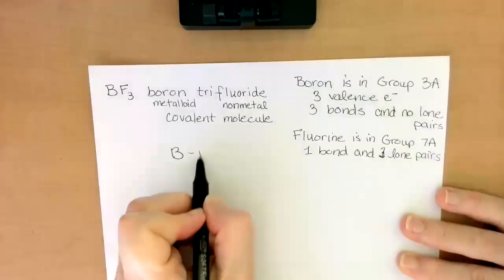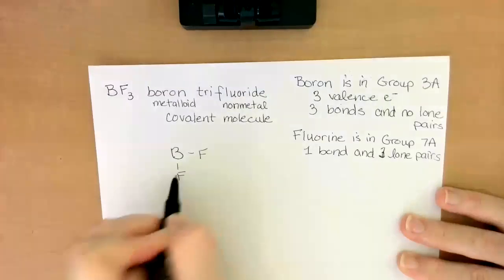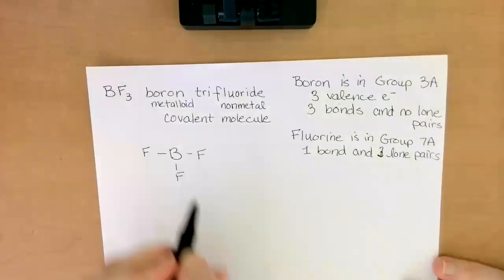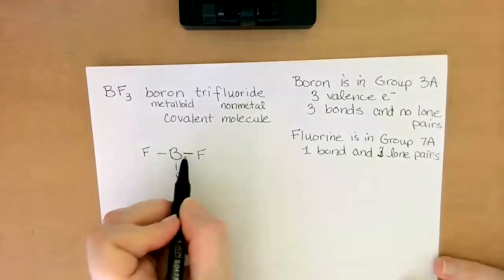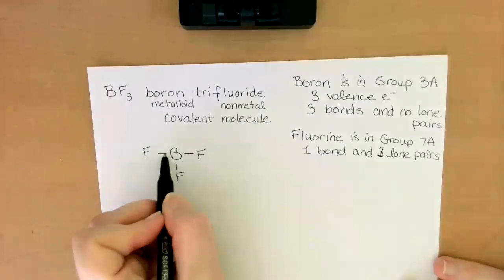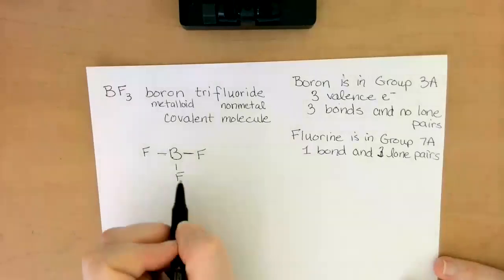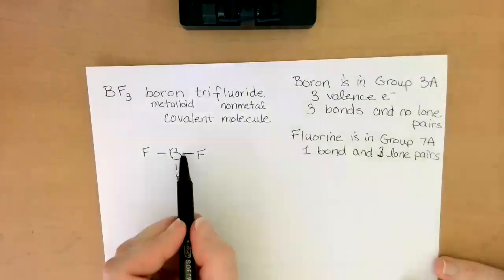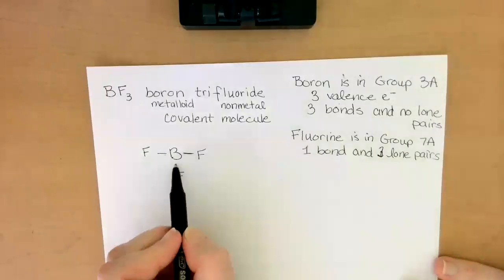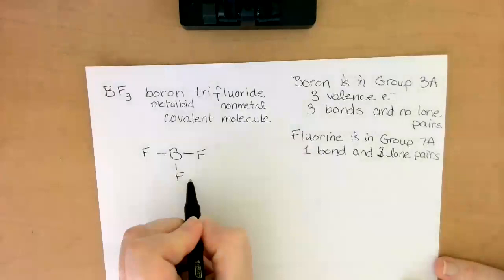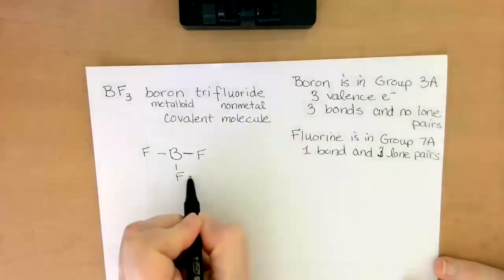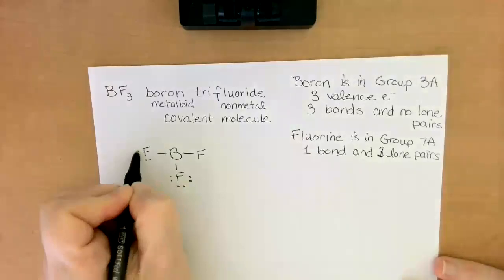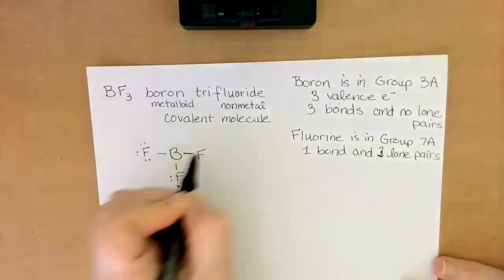I'll draw those fluorine atoms in. I'll check and see if everybody's happy with their bonds. Boron has the 3 bonds that he is able to make. Each fluorine atom has the 1 bond that they want. Boron has no lone pairs left over, no extra electrons that aren't involved in bonding, but fluorine has 6. So we will fill those in, and we are now done with this structure.